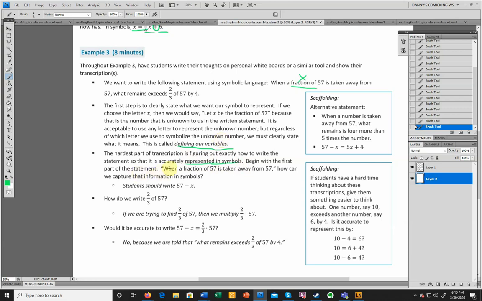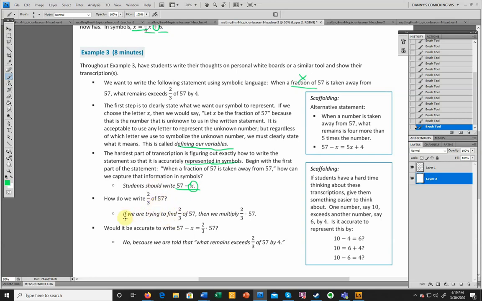Begin with the first part of the statement. When a fraction of 57 is taken away from 57, how can we capture that statement? Well, we can say 57 minus x, because the fraction is taken away from it. Whenever something's taken away from something, it's always the second number in your subtraction problem. How do we rewrite 2/3 of 57?